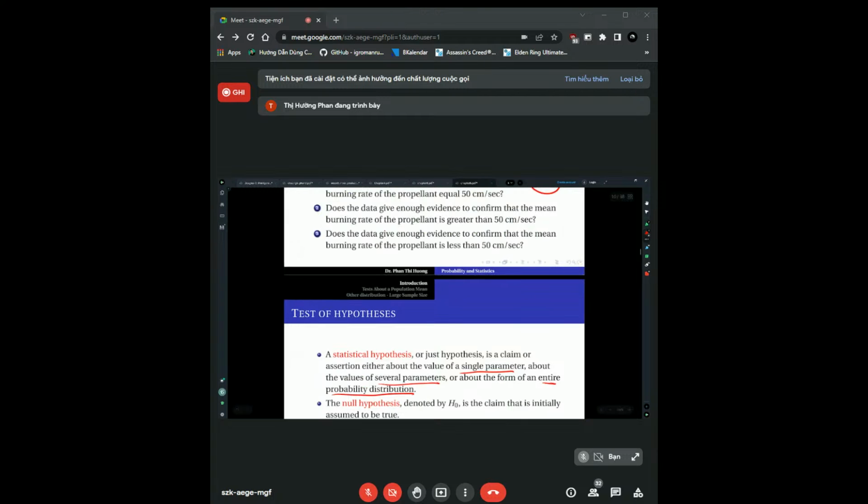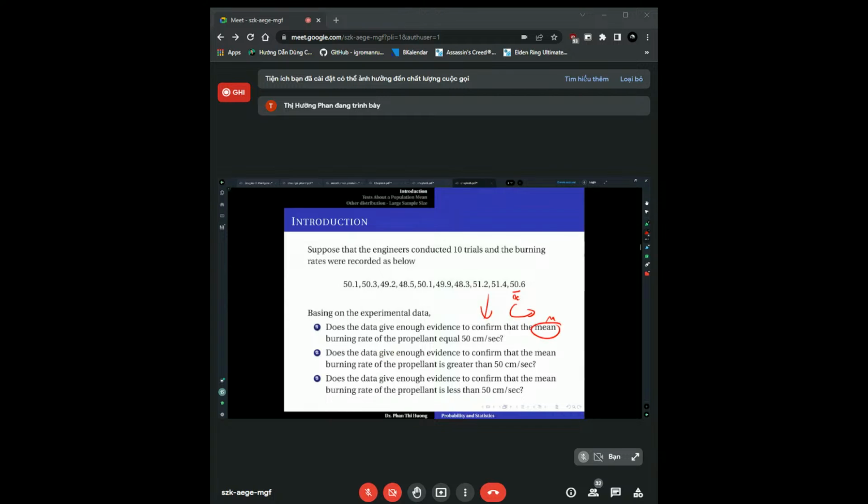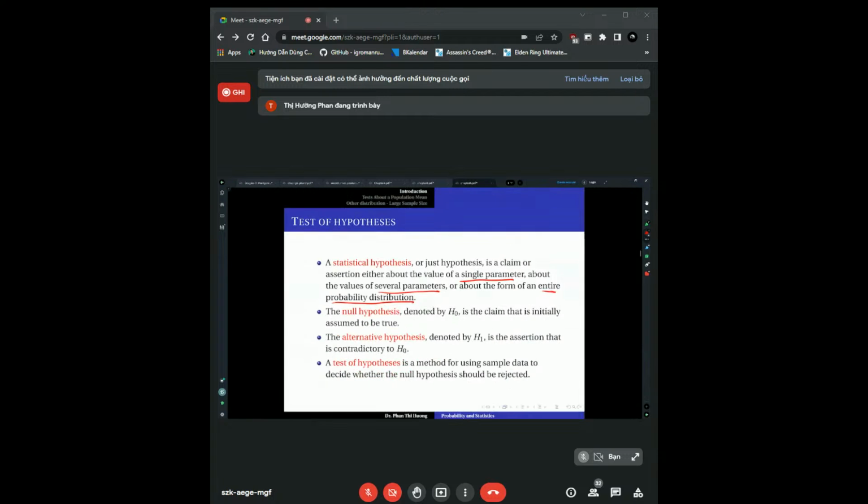This is exactly the case in example 1. We make conclusions on the claim that the mean burning rate equals 50 centimeters or not. This is the claim for a single parameter, the parameter mu. Or it can be a claim about several parameters, and the hypotheses for several parameters we are going to learn in chapter 6 and also chapter 7.